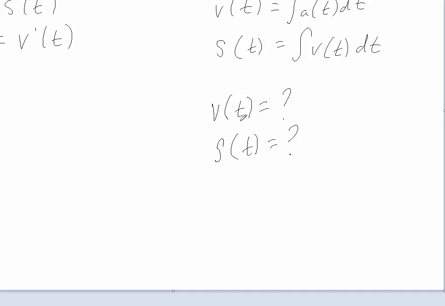For some particular time, you'll know the velocity. For some particular time, you'll know the position. Those you'll be able to use to solve for your constant terms after finding these two integrals. So there's the relationship between position, velocity, and acceleration.